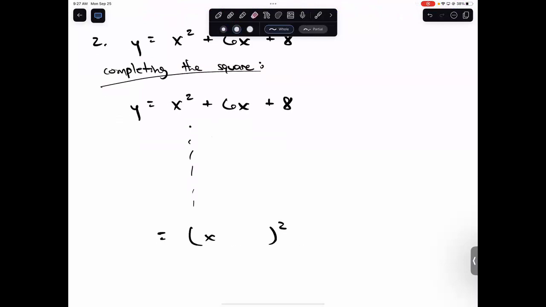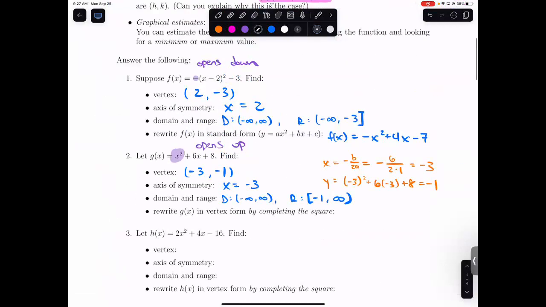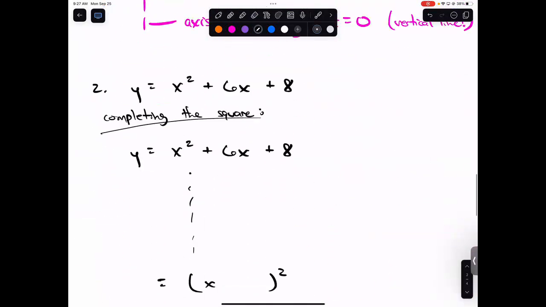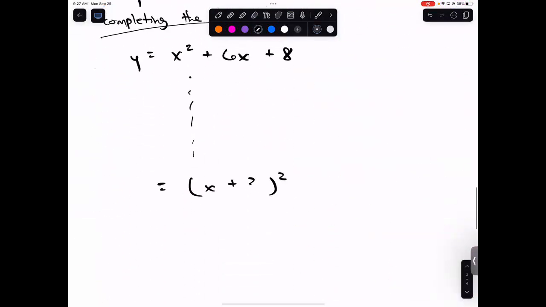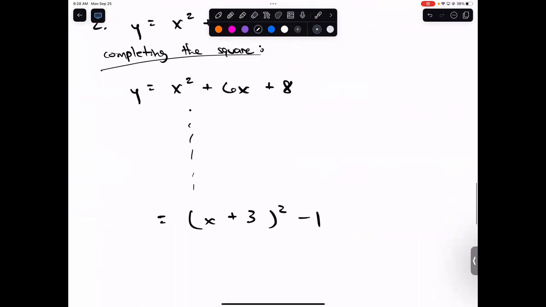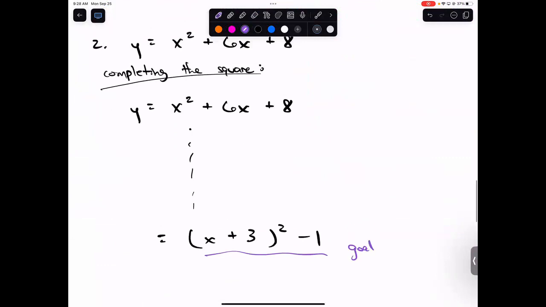We know the vertex here, right? It was -3, -1. So I actually know the answer. I'm working toward this. But a thing that looks like this is our goal, right? To end up with a perfect square. So the name completing the square part is that I want to end up with a factored perfect square.